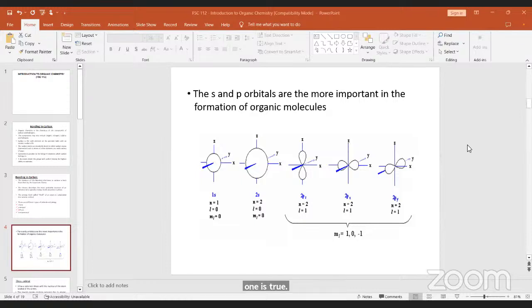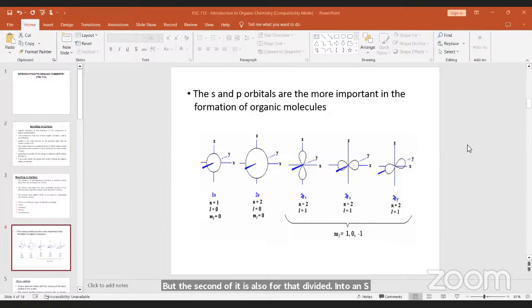2p2. 1s2, 2s2, 2p2. Now, this is telling us that you have 2 electrons in the 1s orbital of carbon, which is the first orbital. Then you have 4 electrons in the second orbital. But the second orbital is also further divided into an s and a p orbital.